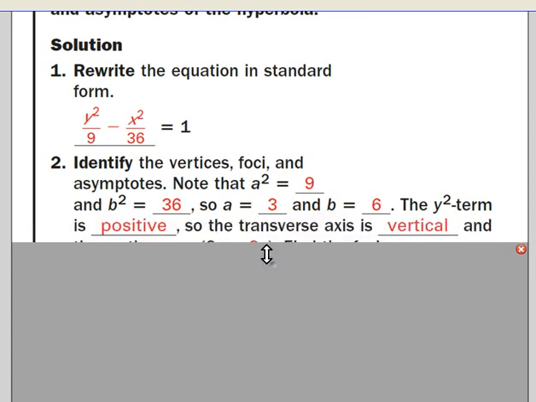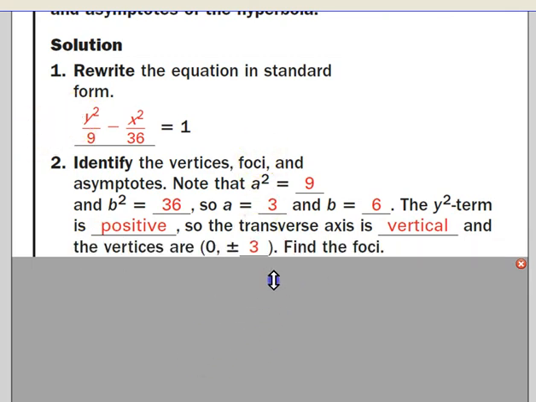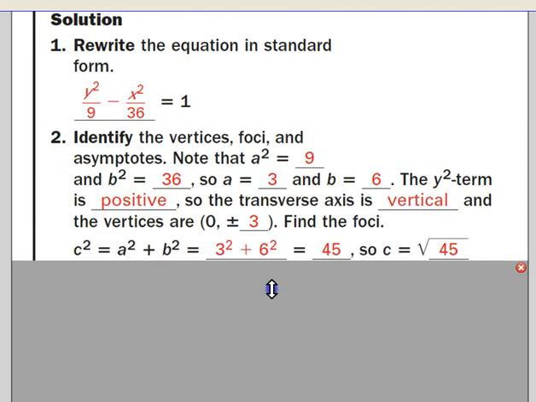Since the y squared term is the positive, first term, that means the transverse axis is vertical, not because a is bigger or smaller, but because y squared is first, which is a little bit different than in an ellipse. And the vertices are of the form (0, 3) and (0, negative 3). Now how do I find the foci? We know that c squared is equal to a squared plus b squared.